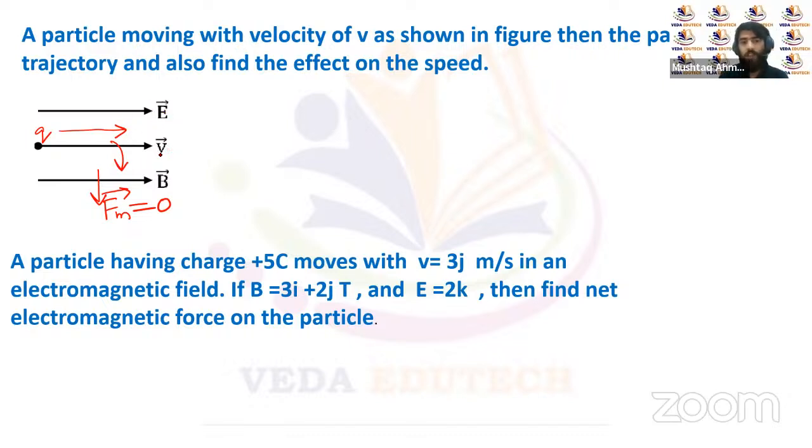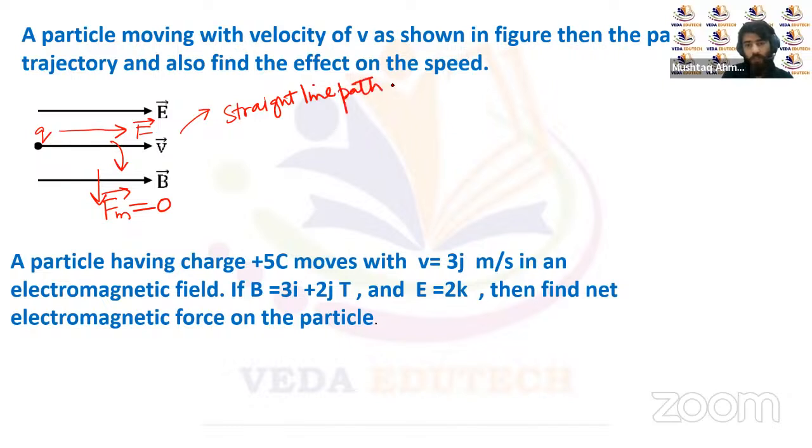And this electric field vector and velocity vector are parallel to each other. It means that the electric force will be along the direction of the velocity vector. It means that the path of this particle is not going to change, because the velocity vector is parallel to the force vector. So in that case, the path of this particle will not change. It will still be a straight line path.